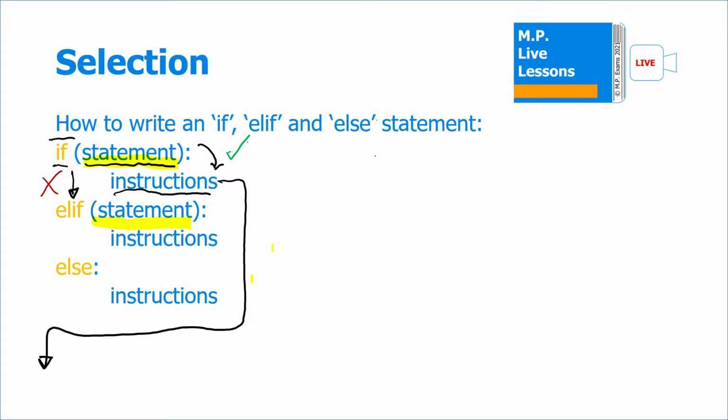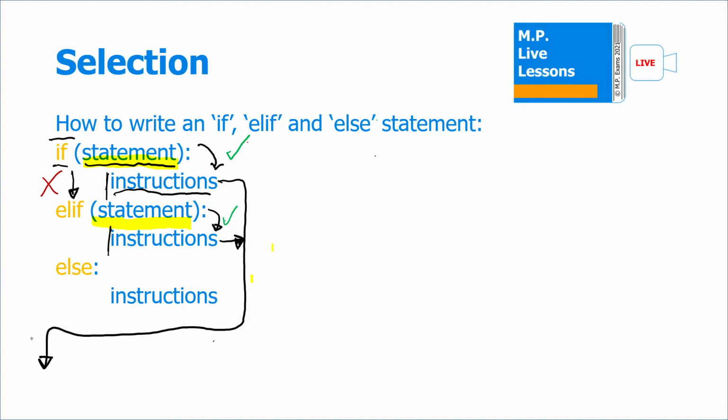Once again, if it returns true, these instructions instead, which are indented, which are moved across a bit of space, will be carried out. And then, after those instructions are carried out, it exits and continues with the rest of the program, following down just right here to the bottom.